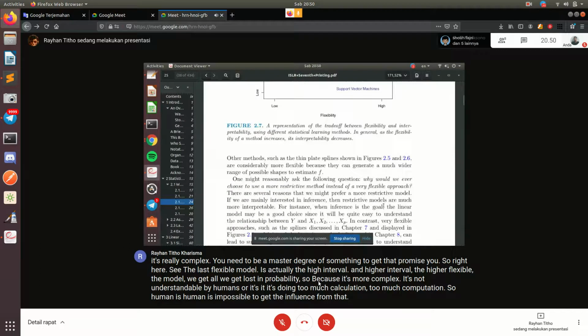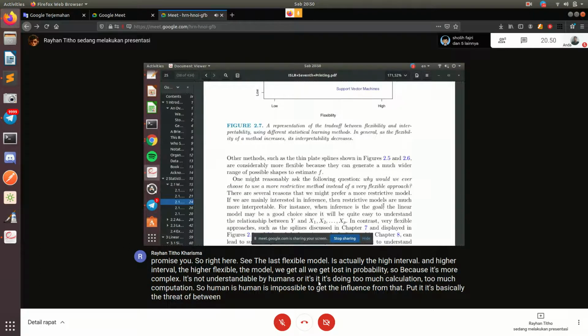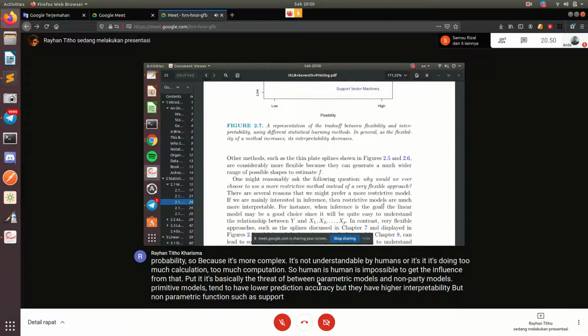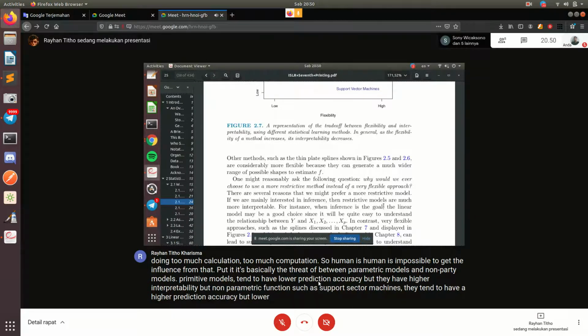So that's basically the trade-off between parametric and non-parametric models. Parametric models tend to have lower prediction accuracy but higher interpretability. But non-parametric functions, such as support vector machines, tend to have higher prediction accuracy but lower interpretability because they are more complex.